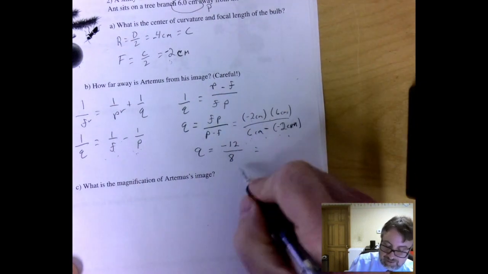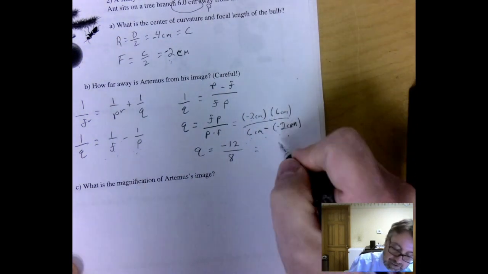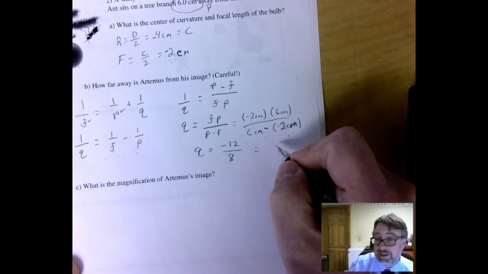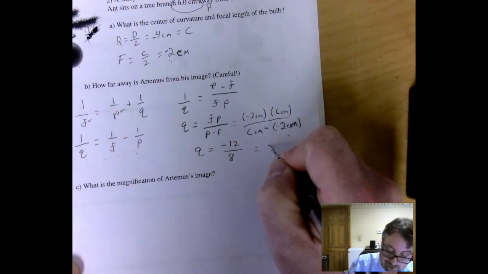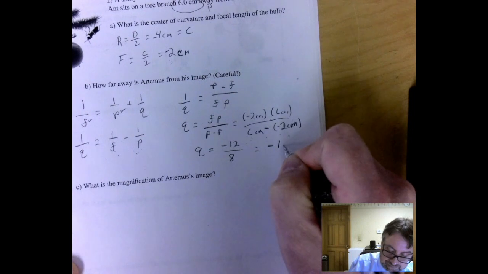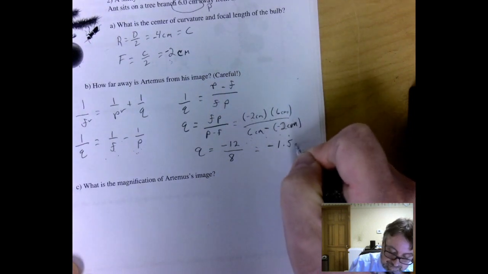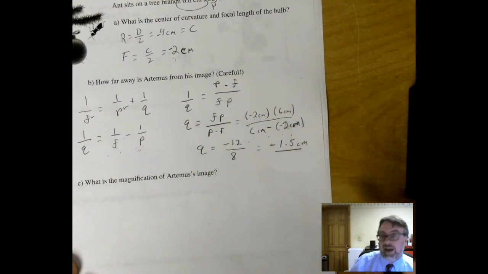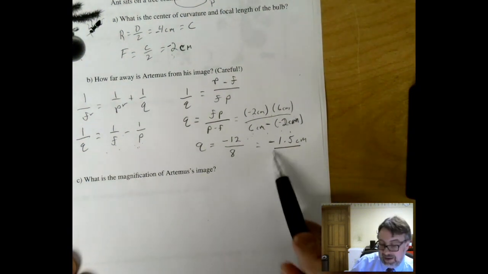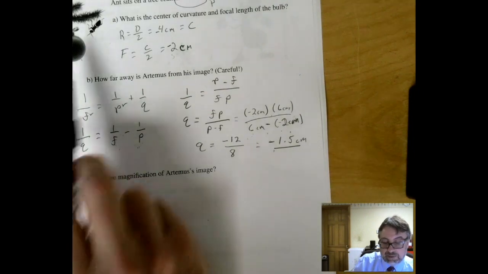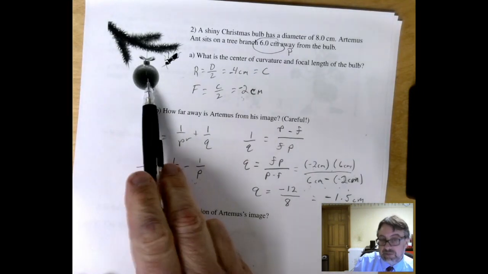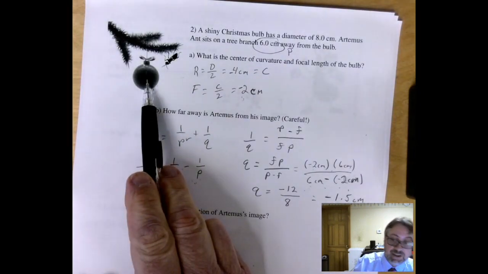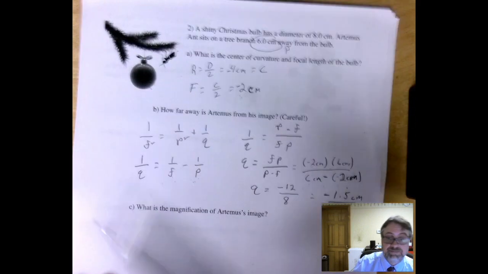So I have minus 12 over 8, or 12 over 8 is going to be 3 halves. So that's minus 1.5. Again, negative number. I expect a negative number because the image will be virtual because it's a convex mirror, and convex mirrors only do virtual images.